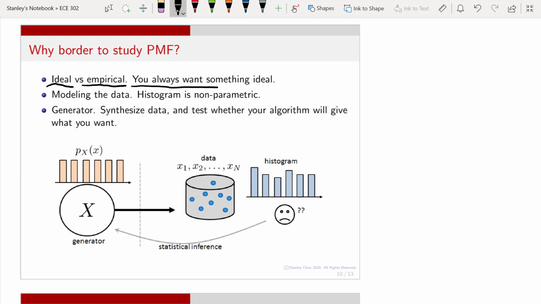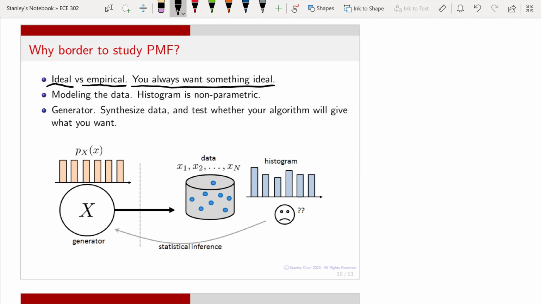Certainly, you always want to have something that is ideal, because you don't know how many sample points you have, and you do not know how good your sample size is. And so if you know something about the true distribution, then you can quantify: with only 100 samples, are we good? Or with 1,000 samples, are we good enough?